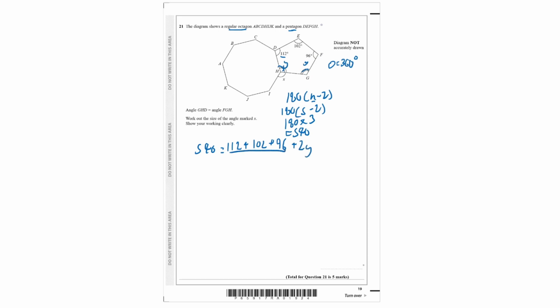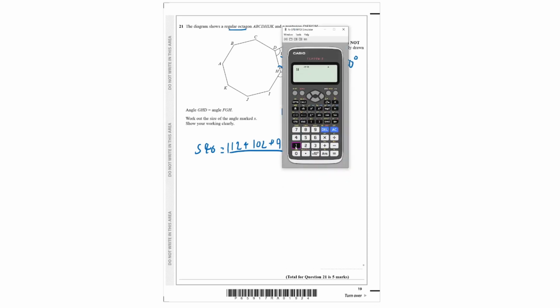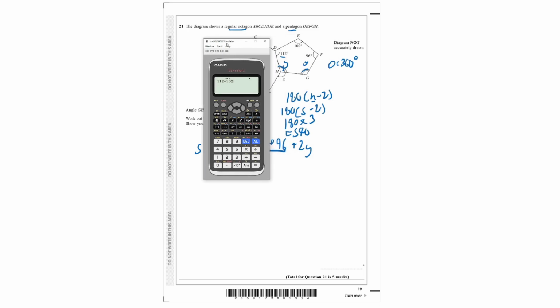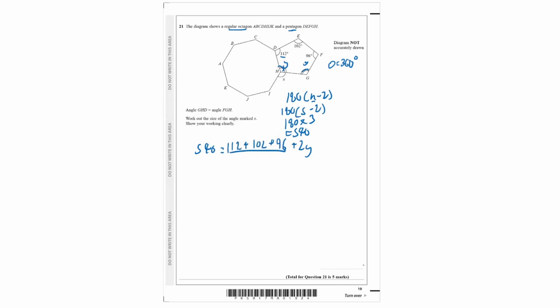We can combine these values to simplify using our calculator. We have 112 plus 102 plus 96 gives us 310. 310 plus 2y is equal to 540.